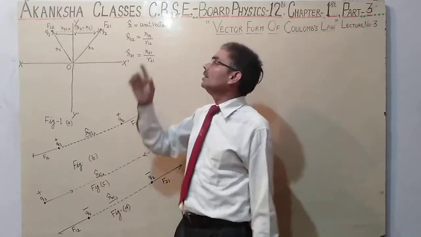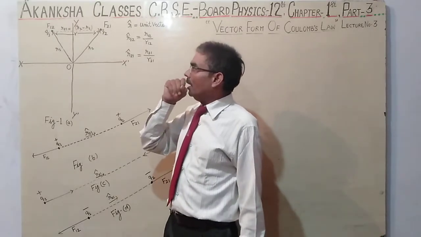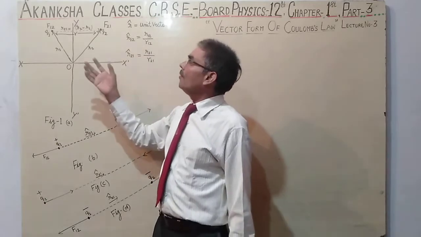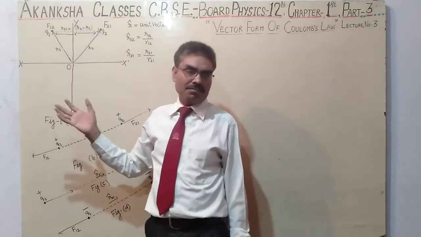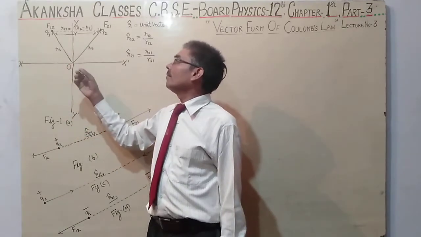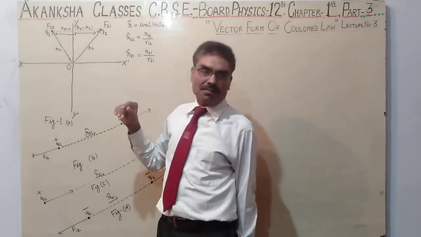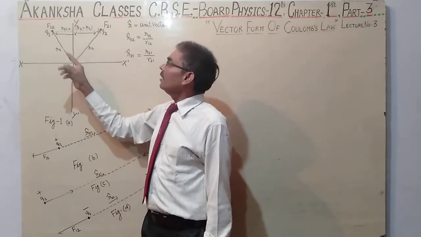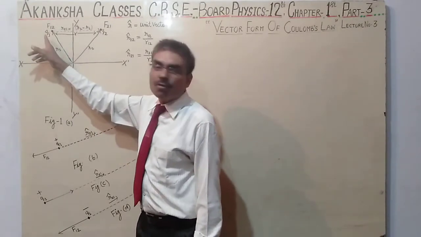How to write a vector? We always write the name of the receiver first. After writing the name of the receiver, we write the name of the sender. Here, this vector is sent to Q1.